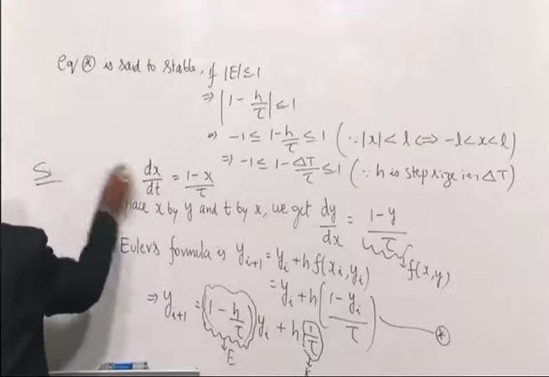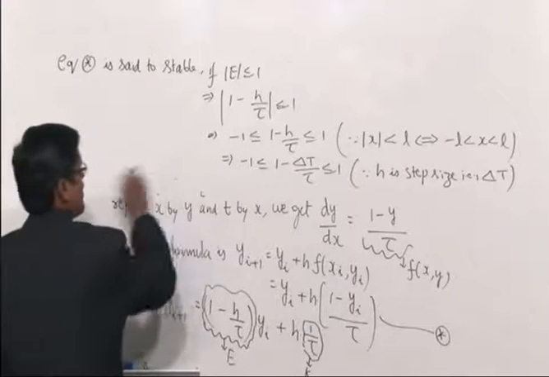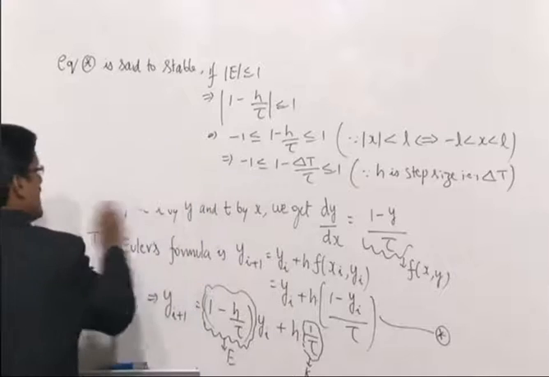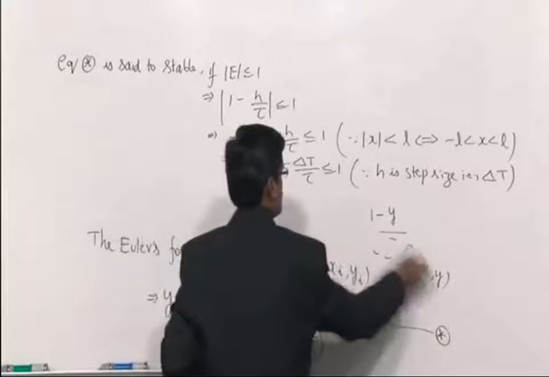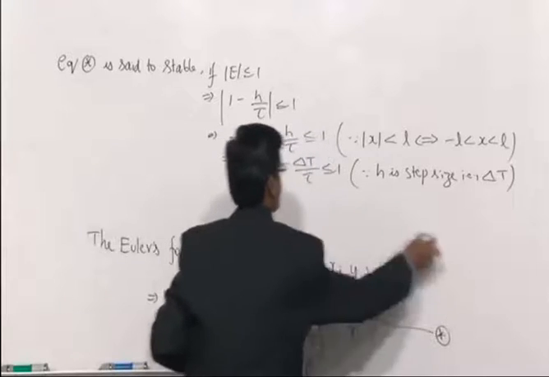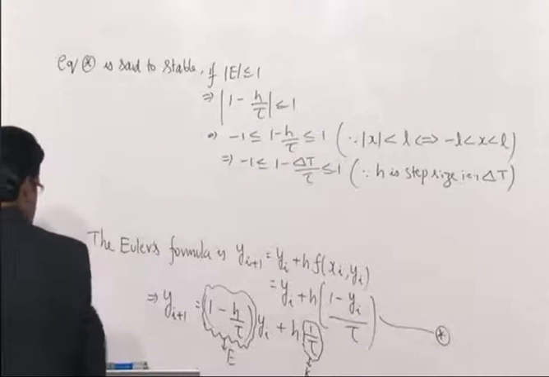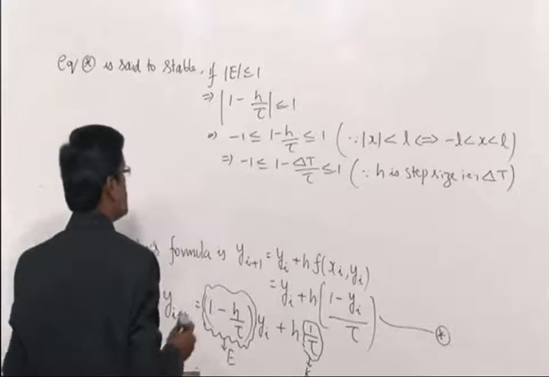You find a range where delta t lies, that is, delta t lies between two values. Then the starting value is the least and the ending value is the maximum.